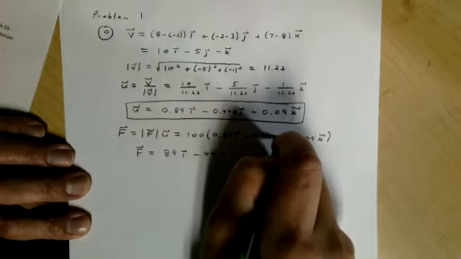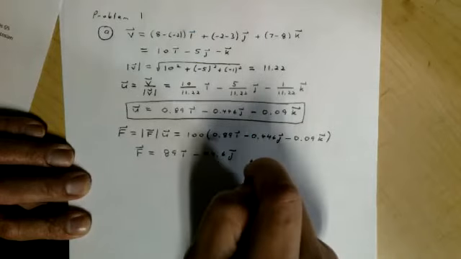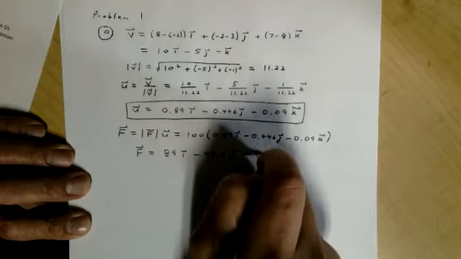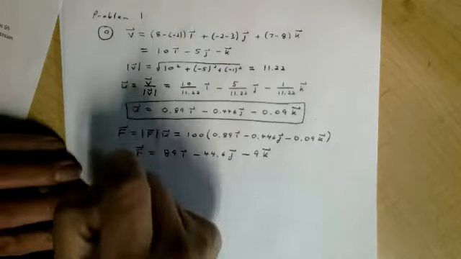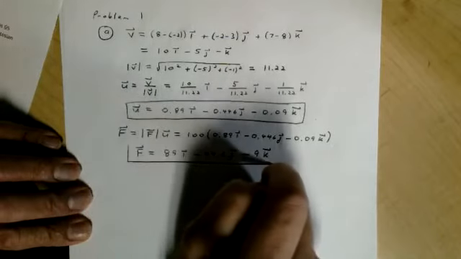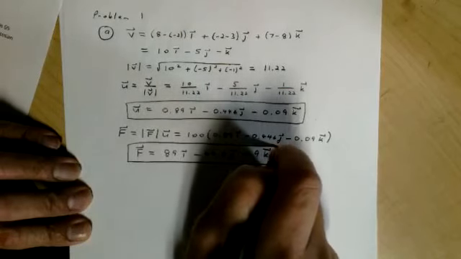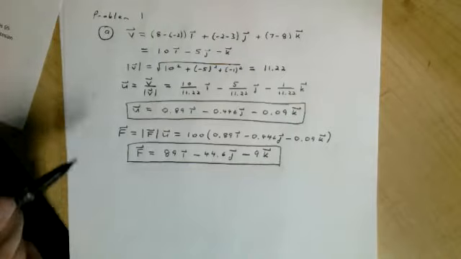I'm sorry, this should be a j right here. That's a j, minus 9k. And that's your answer. So those are the two answers for the first part and the second part of the problem.